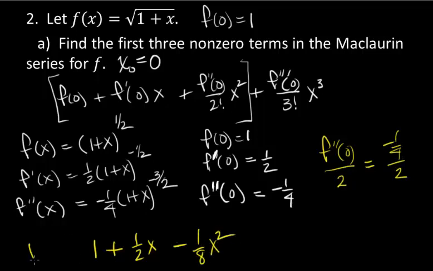So this is P2 of x. It is the first 3 non-zero terms of the Maclaurin series for the function square root of 1 plus x.